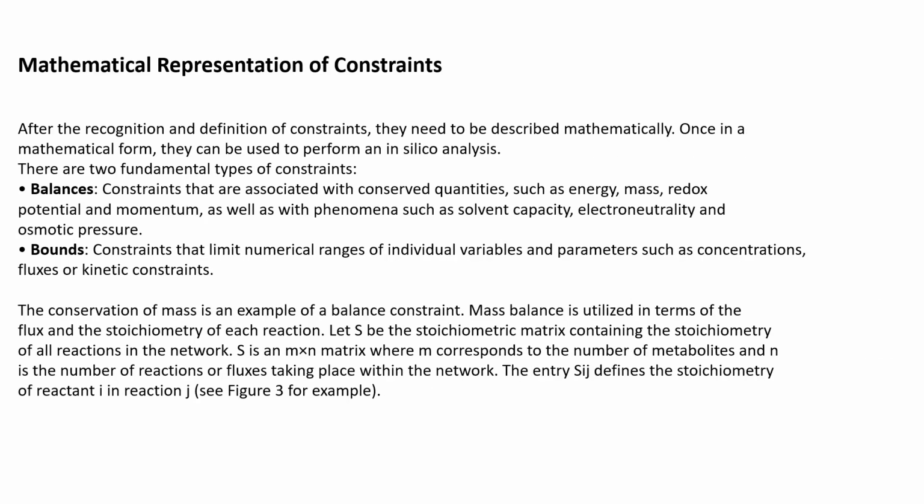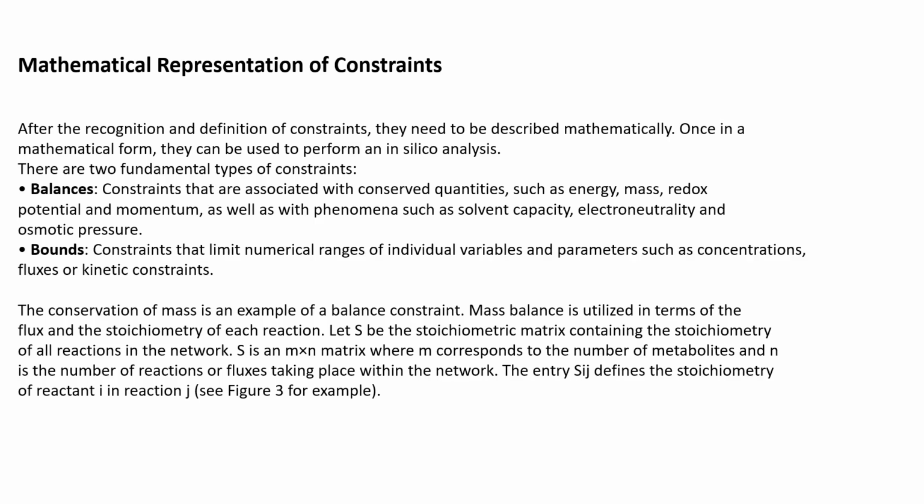Okay. Now, how do you mathematically represent these constraints? Once you put this in a mathematical form, only then can you perform this analysis. So fundamentally, there can be two types of constraints.